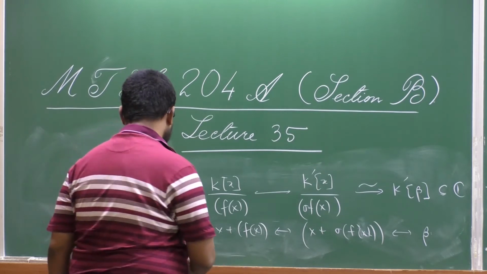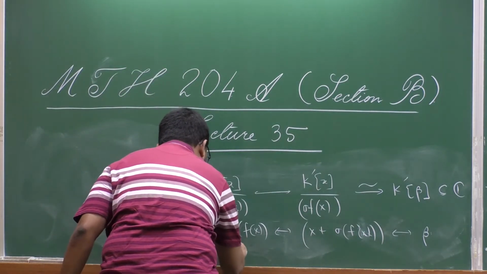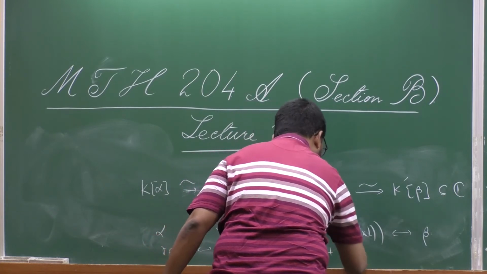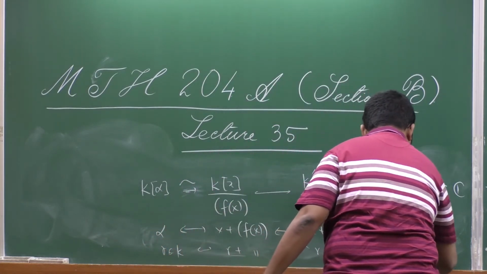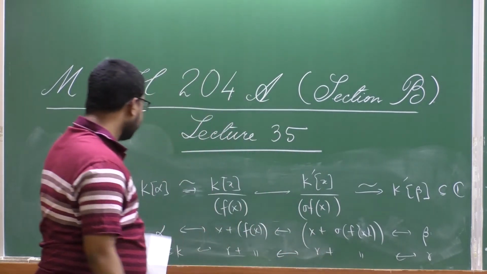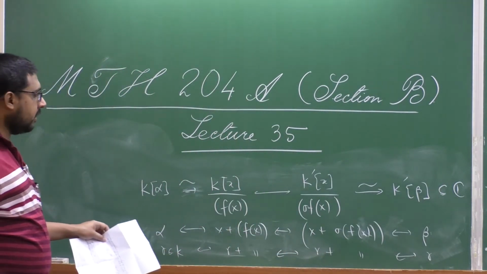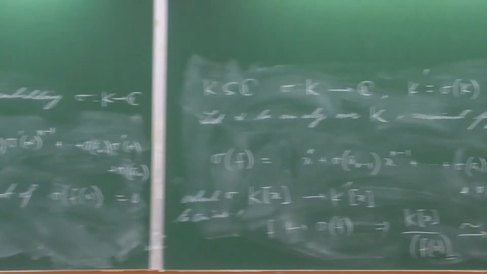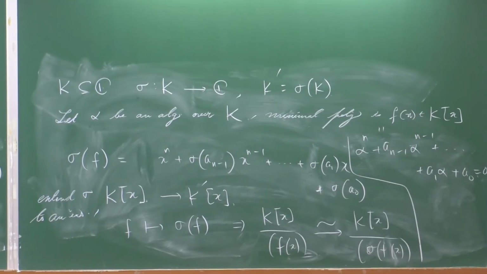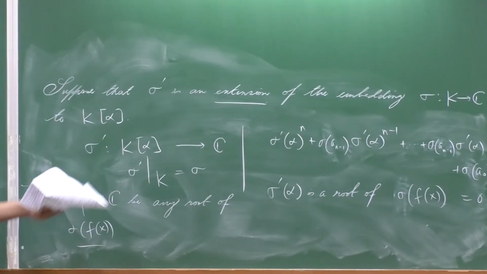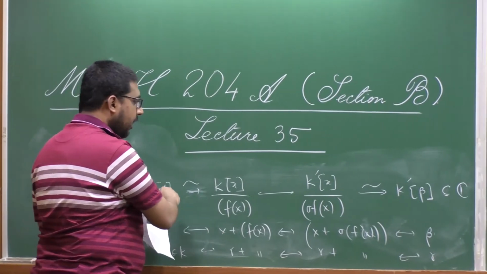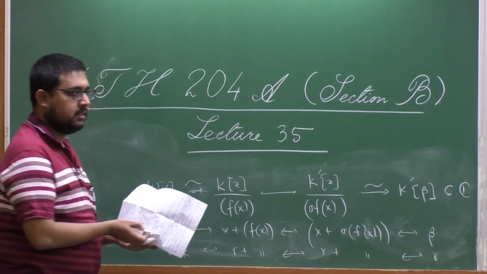So let me write it: r goes to r plus this, again r plus this, and that again r. So try to understand the scenario: given this, for every root beta of sigma f, we have an embedding of k(alpha) to this.